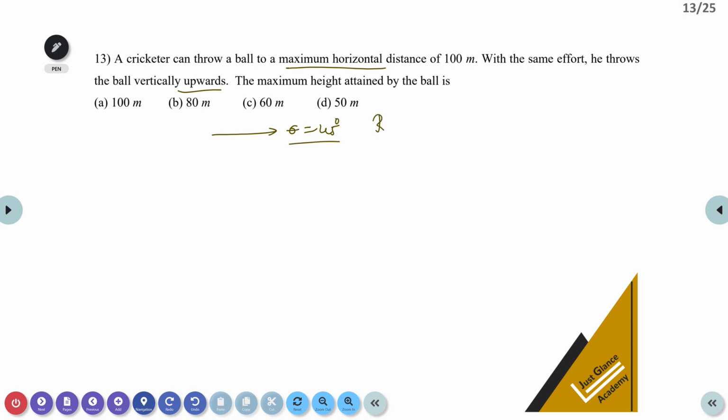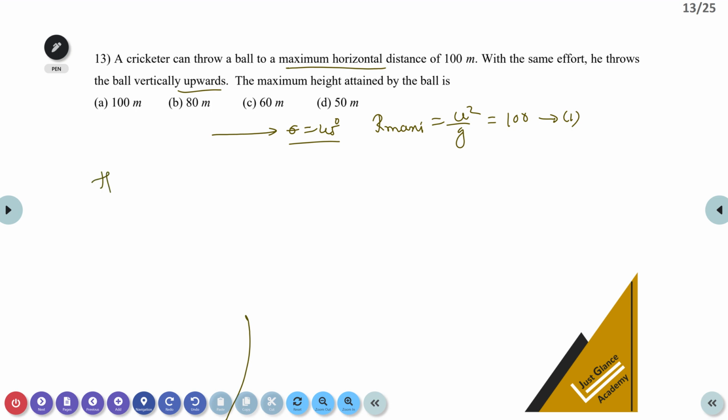That means R maximum equal to u square divided by g, equal to 100 meter. This is equation number 1. Then he throws the ball vertically upward.